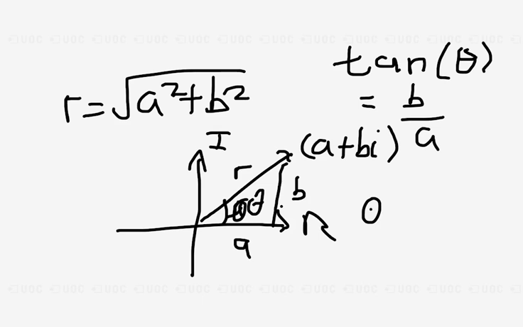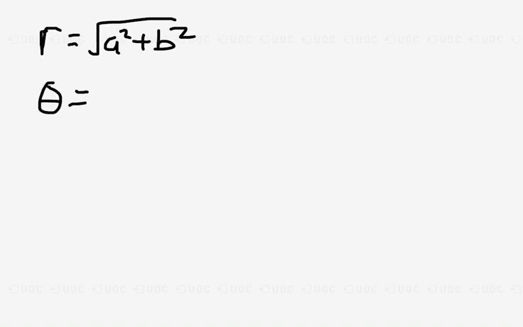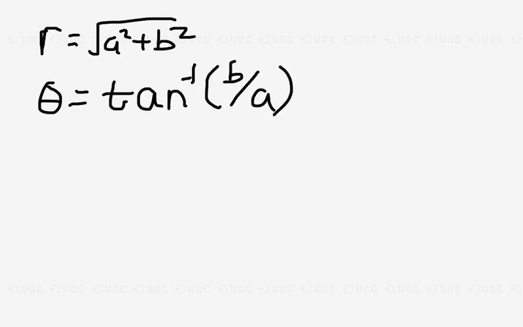So theta is the inverse tangent of b over a. We'll write it here: r equals the square root of a squared plus b squared, and theta equals the inverse tangent of b over a.